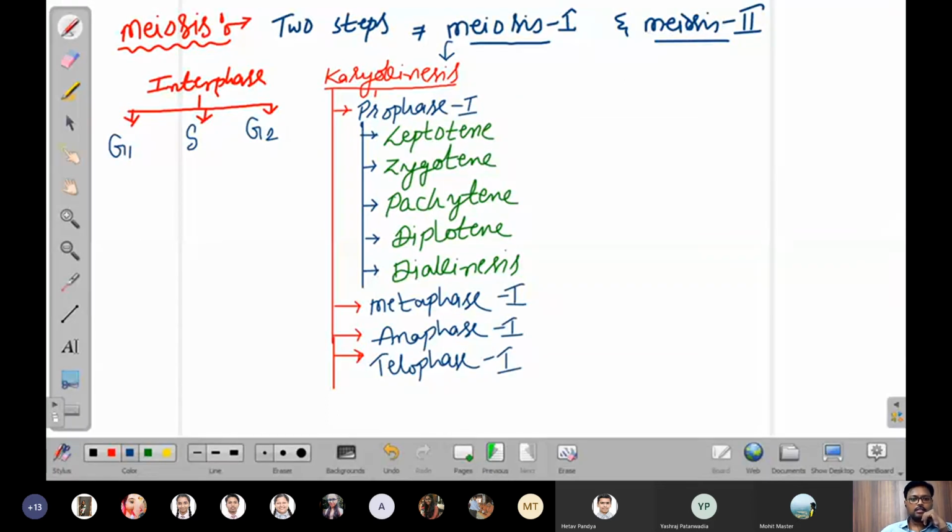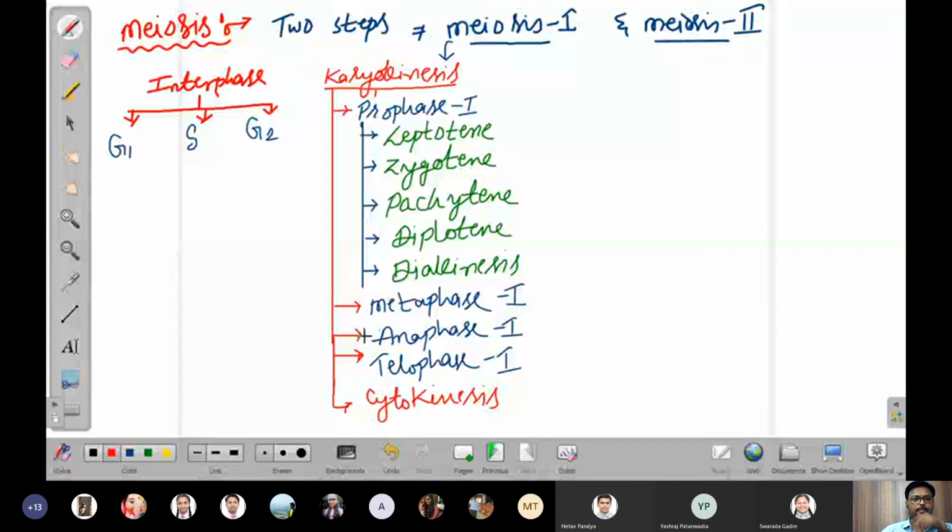Then at the last, cytokinesis. This is called completion of meiosis 1. And then meiosis 2 begins.